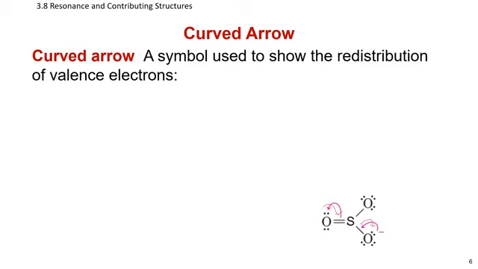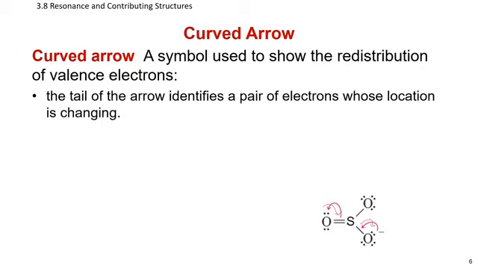For example, how do you move a double bond around, from here to here? A double bond could be made here, and this becomes a single bond. You use curved arrows. The carbonate ion has three structures. How do you move from there?